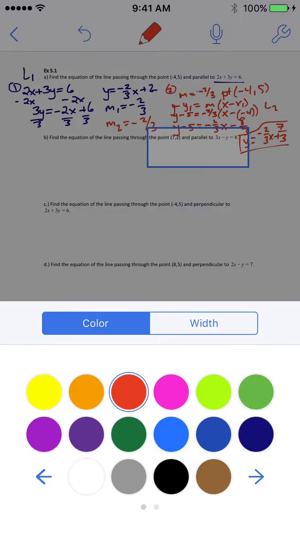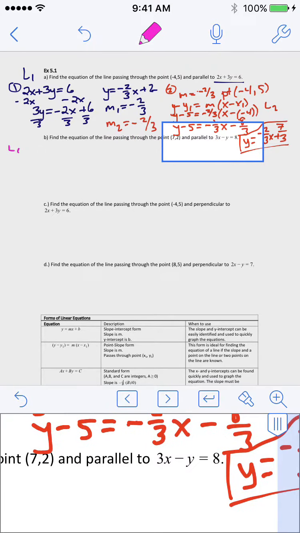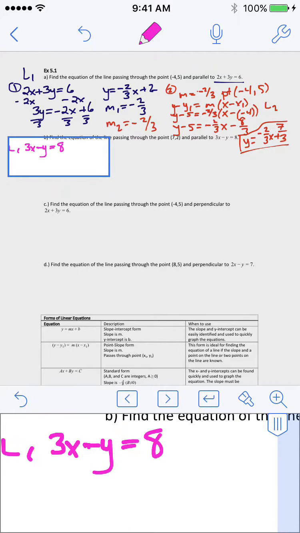All right, we'll start with line 1. Line 1 has the equation 3x minus y equals 8. We can rearrange that to find the slope.